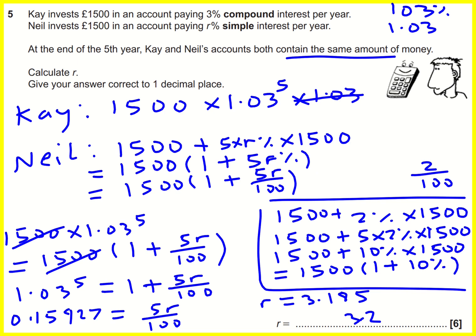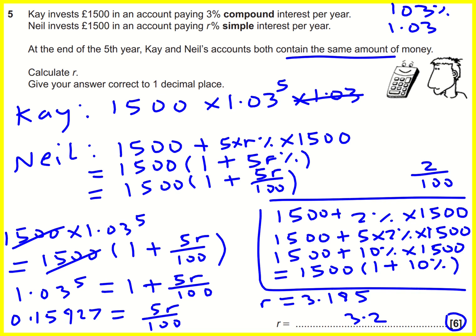Let me just write that out again. Okay, I like that way of doing it. I like to create and solve an equation. I think once you become confident at solving equations, it's a really powerful way of solving these sorts of situations.